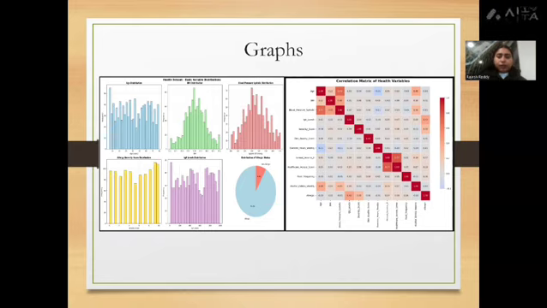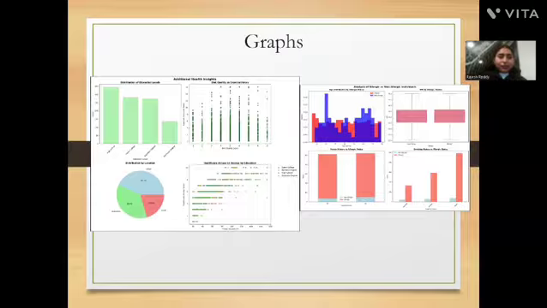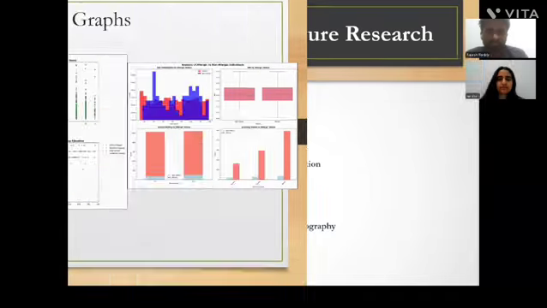We explain all the statistical data in graphs: representation of age distribution in a bar graph, and correlation matrix of health variables in a heat map. And then there is also a pie chart, which shows the distribution by location, and bar graphs for analysis of allergic versus non-allergic individuals.